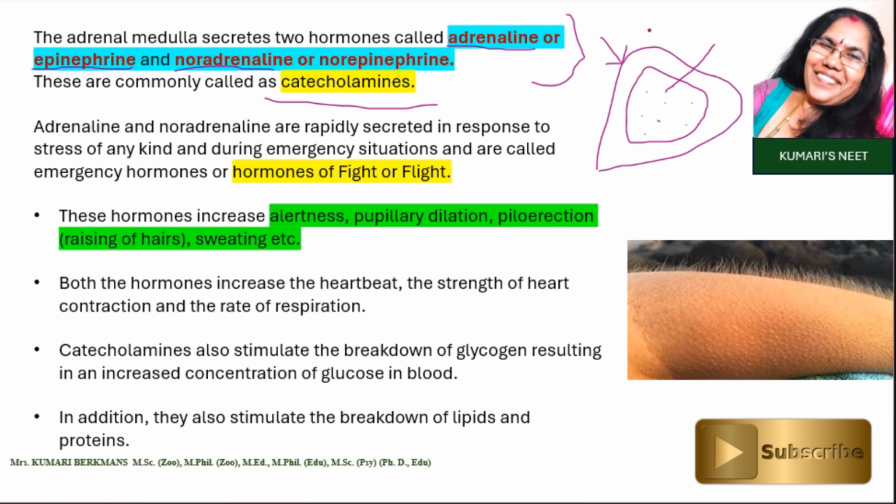We are not under stress always, so to relieve our body from the stress, the adrenal gland secretes the hormone catecholamine, that is, adrenaline and noradrenaline, so that our body escapes from the different stresses.